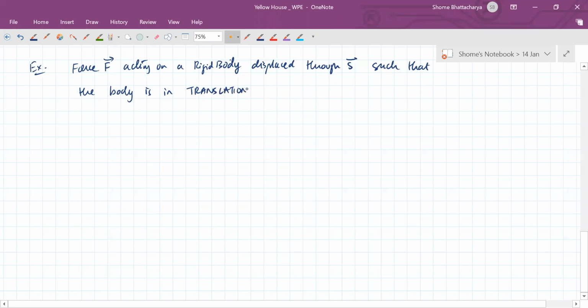In kinematics, you would have heard the term translation or linear motion versus the concept of rotation, which we'll come to later.